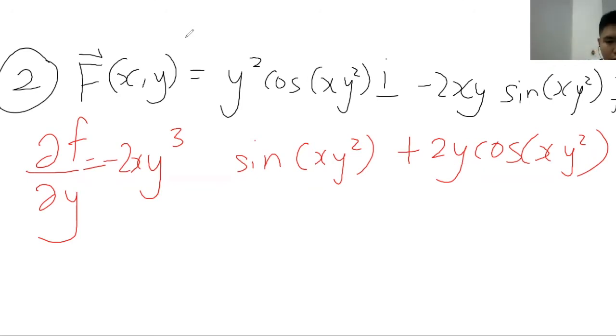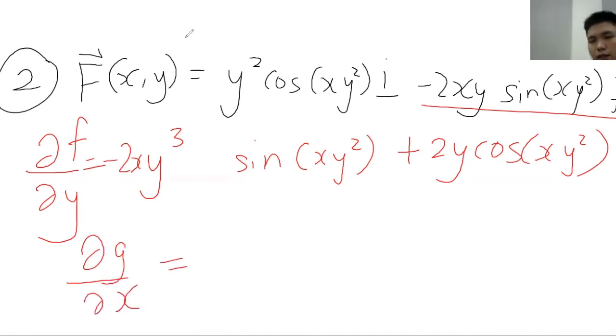Then next, this part is in terms of j, so we partially differentiate it with respect to the opposite, which is x. Same as before, we need to use the product rule since this is a function of x times a function of x. We copy one side and differentiate the other side.